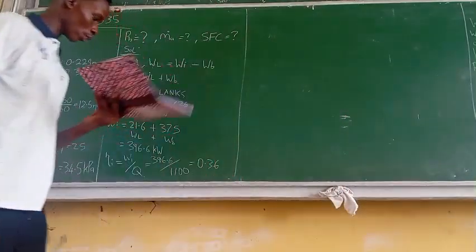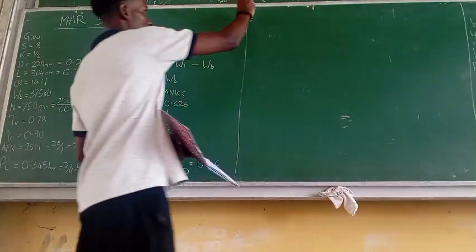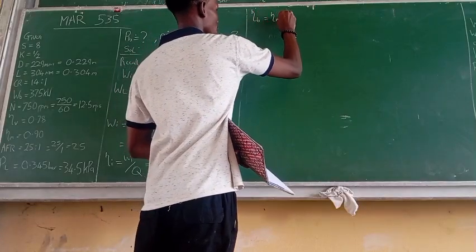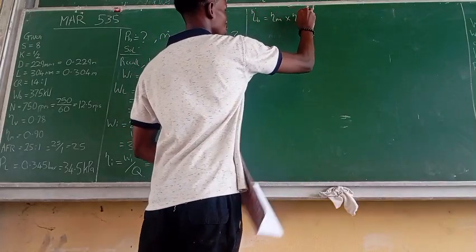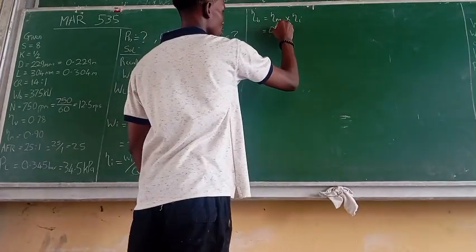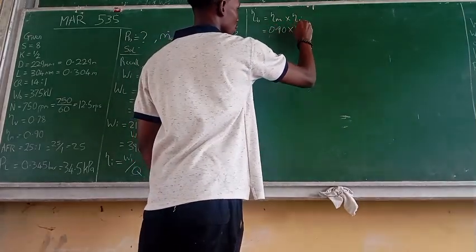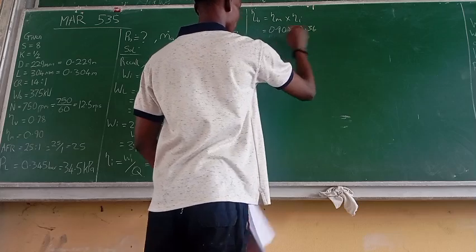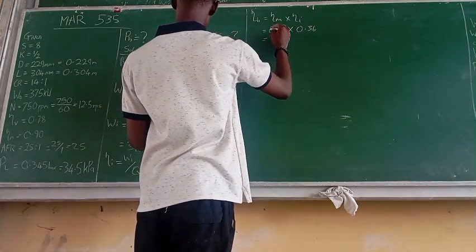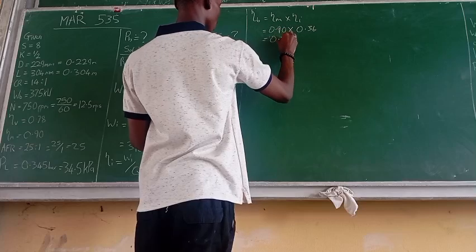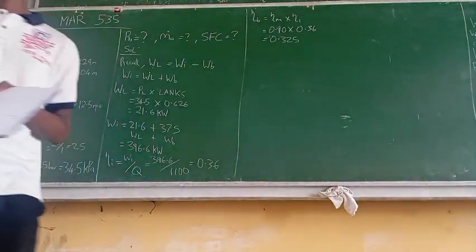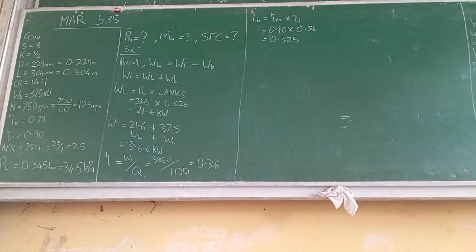Okay, so we continue from where we were. Brake thermal efficiency is equal to mechanical efficiency times your indicated thermal efficiency: 0.90 times 0.36, which gives 0.325.